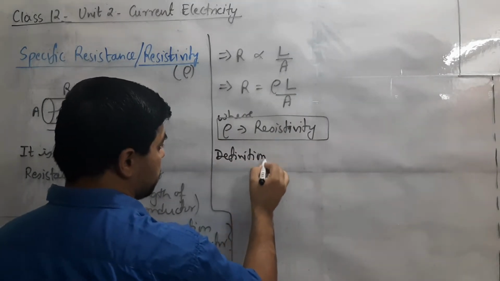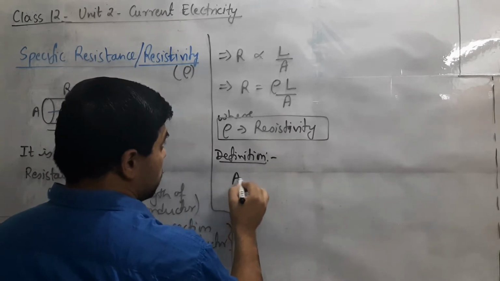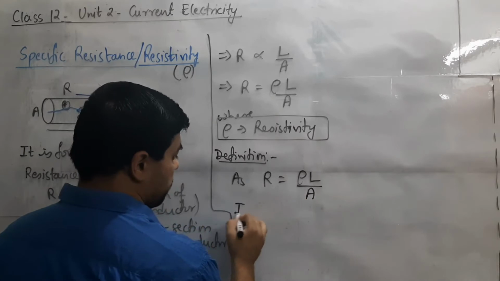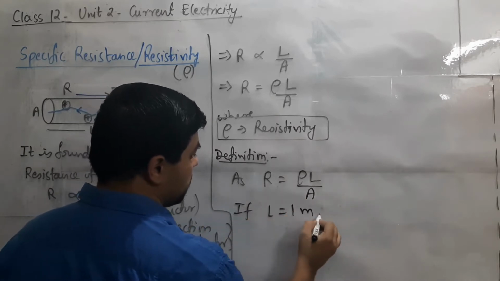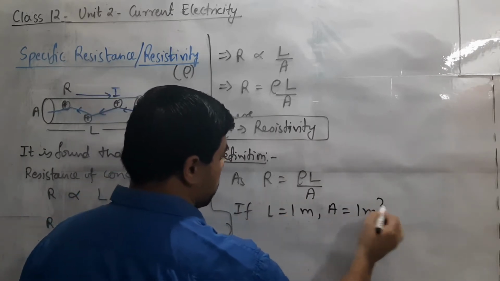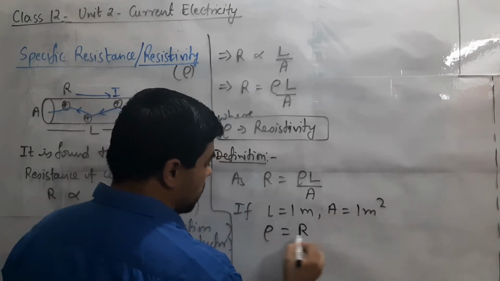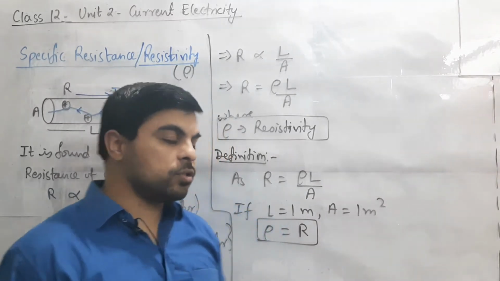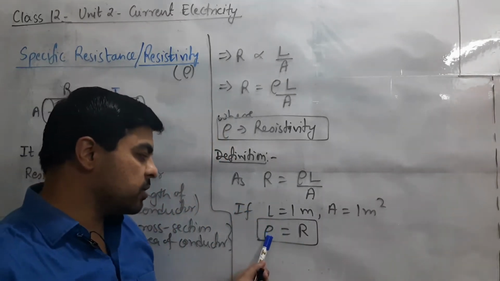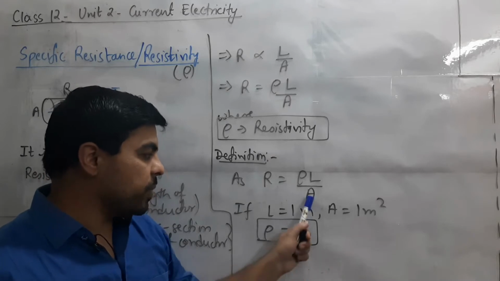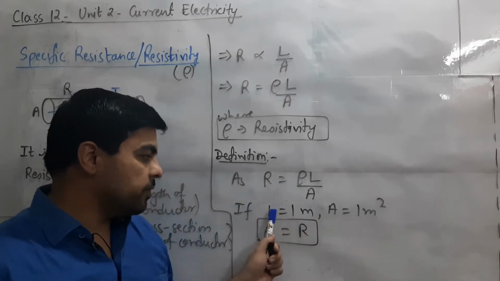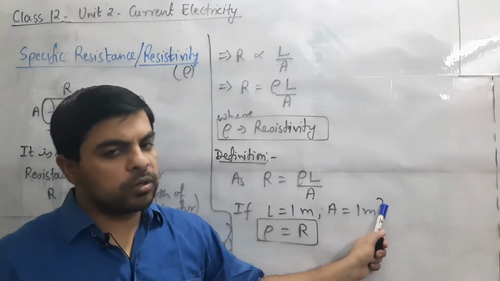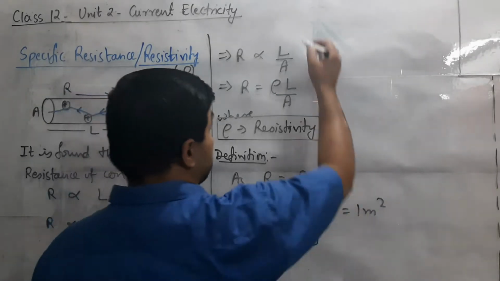Definition can be given in this way, that relation of R is rho L by A. If we assume L as 1 meter and area as 1 meter square, then rho will be equivalent to R. And this is the way how we can define the concept of specific resistance or resistivity: it is the resistance of a particular conductor of this configuration where it has 1 meter length or unit length and 1 meter square cross section area, or we can say unit cross sectional area.